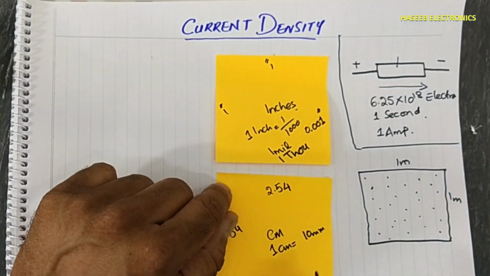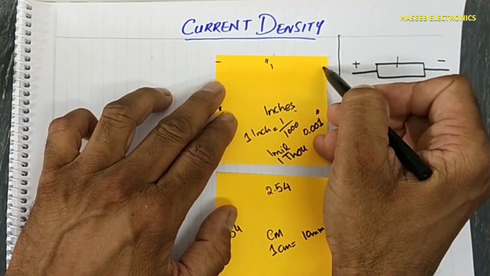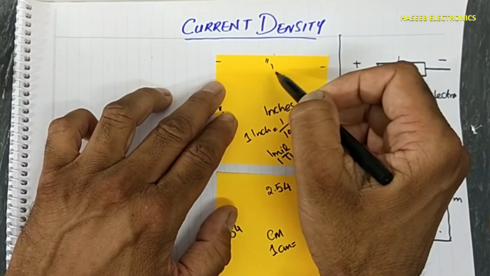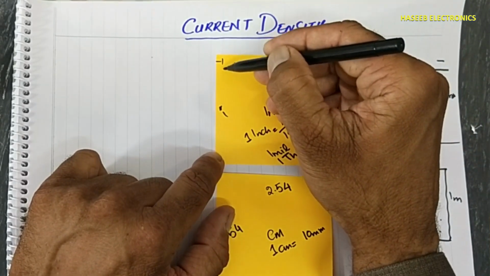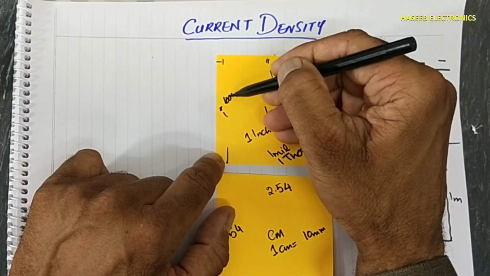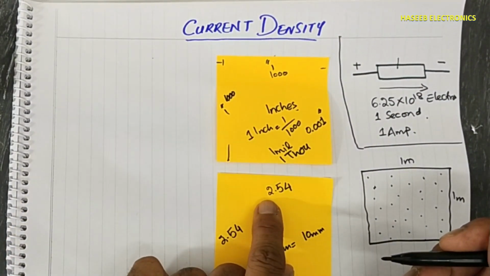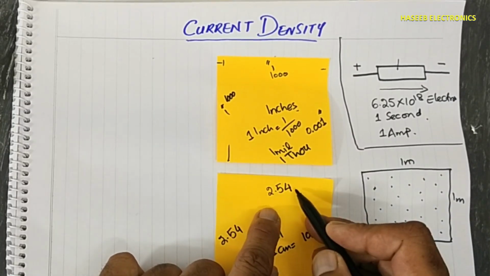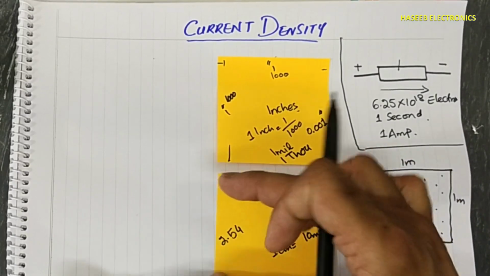That means if we divide from this point up to here, it will become 1000 pieces, and from here to here it will become 1000 subparts. And here 2.54 centimeter will become 25.4 millimeter.